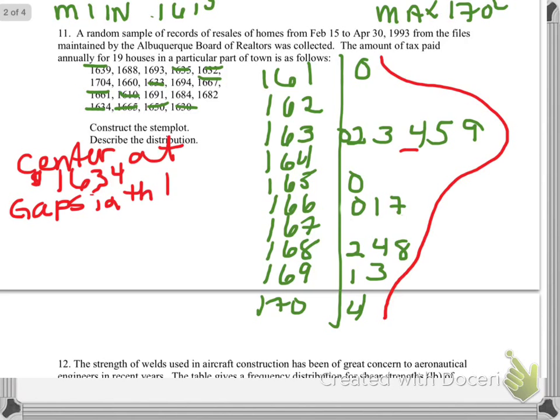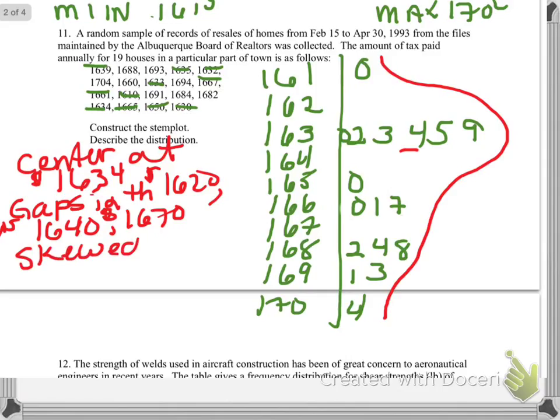and the 1620s, 1640s, 1670s. Okay, it's skewed to the right.